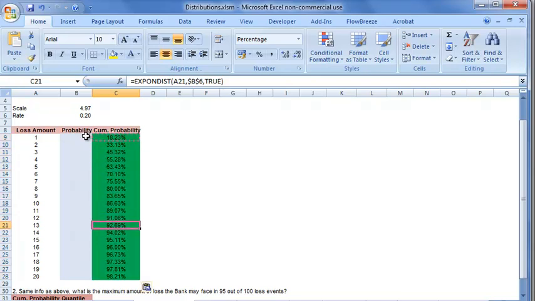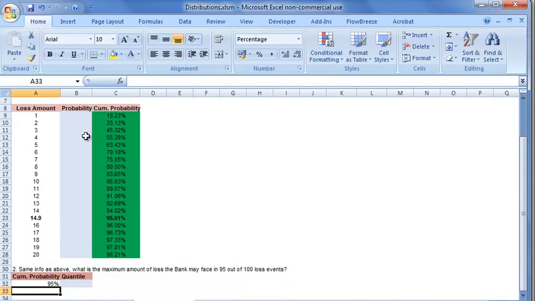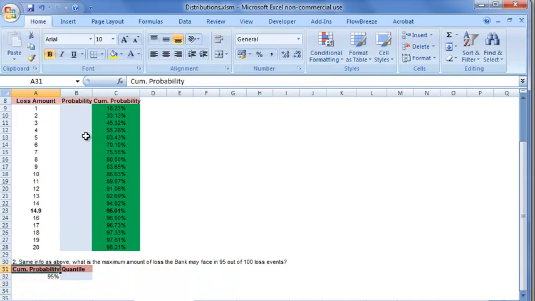Now we can see that the 95th cumulative probability is very close to a loss amount of 15. So if we just change it to say a number like 14.9, the cumulative probability is very close to 95%. Therefore, the maximum amount of an individual loss in 95 out of 100 cases will be equal to 14.9.